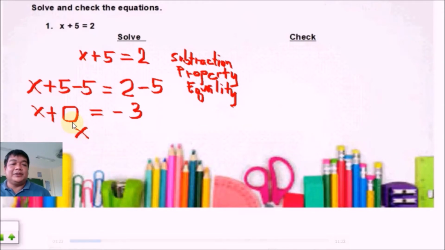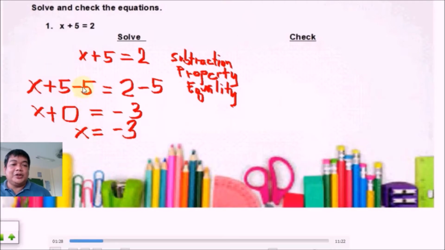Since 0 has no value, we just write x is equal to negative 3. So the value of x here is negative 3.